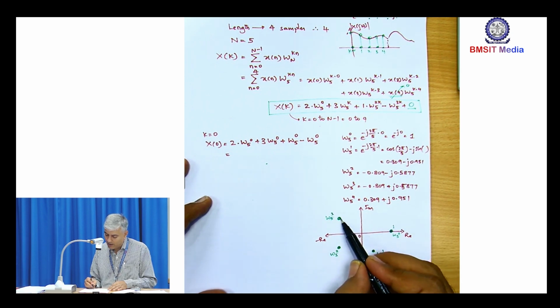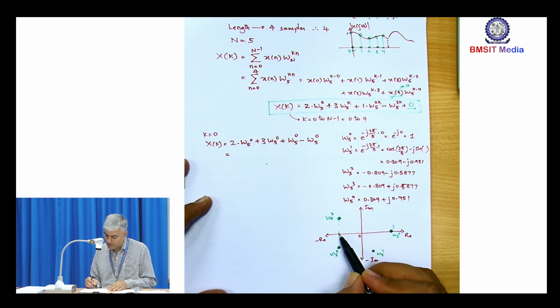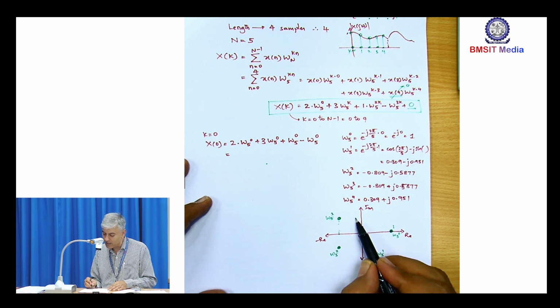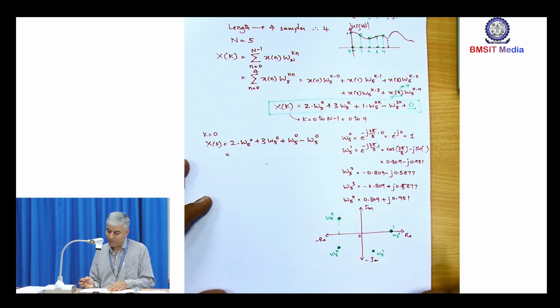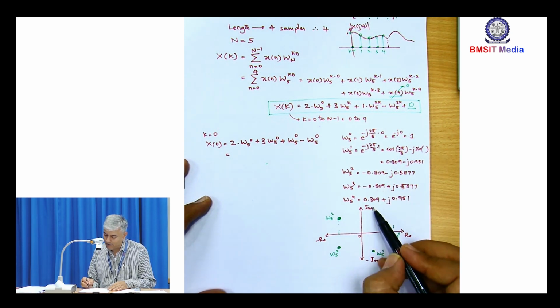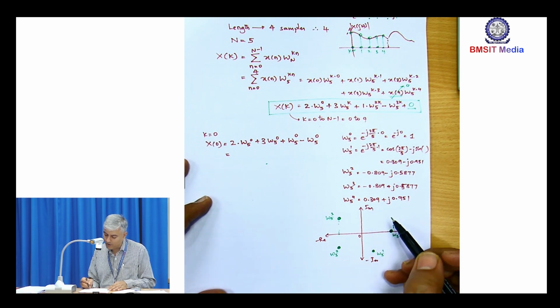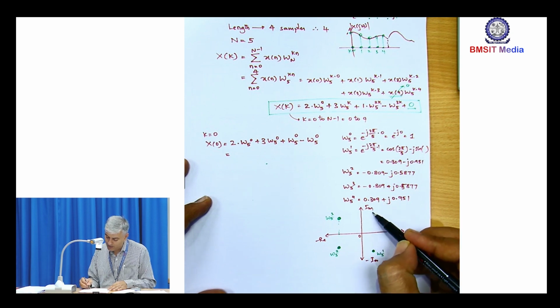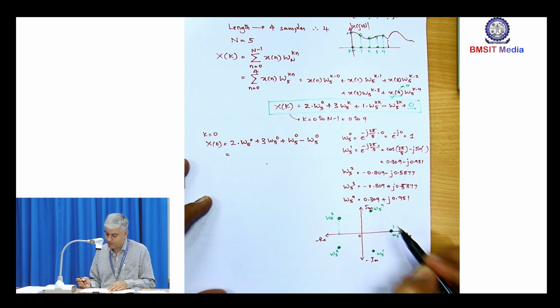Reason, here the real value is the same, that is minus 0.809, and this is plus j 0.588. Okay, and finally I have the complex conjugate of W5 raised to 1. So it will be somewhere over here. So this is W5 raised to 4.